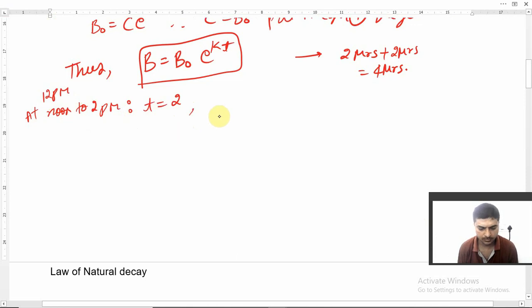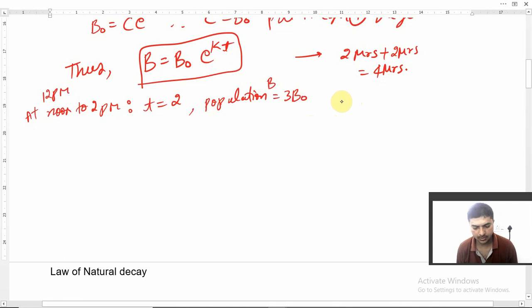So t is equal to 2 I am going to take. At this time we can see the population from initial will become 3 times, that is triple. So I am going to take this as 3 b naught, or the population b will become 3 b naught. That's very simple, friends.